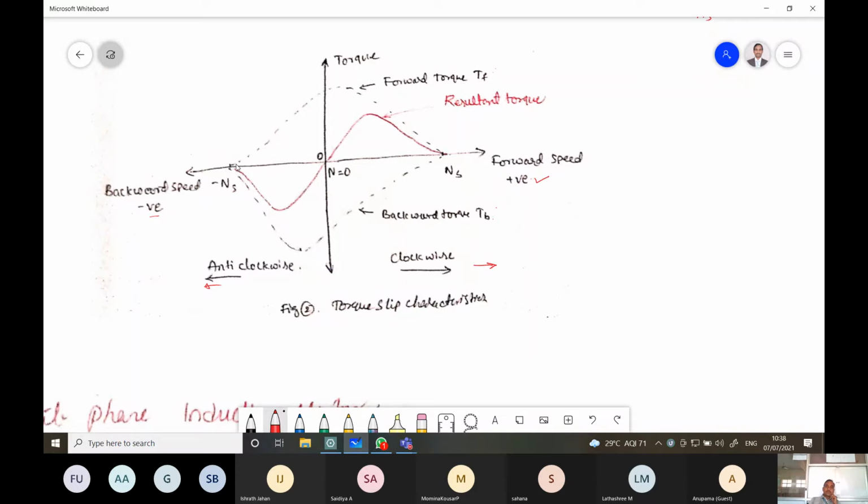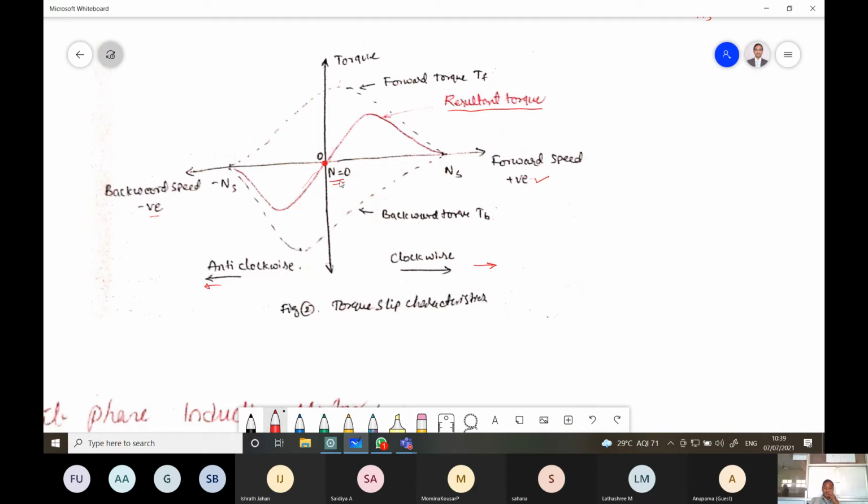These two torques are represented by the dotted lines, forward torque and backward torque, and the summation of these curves, meaning the difference of these curves, gives the resultant torque. So you can draw the resultant torque like this. At n equal to 0, the torque is also 0 according to this curve.